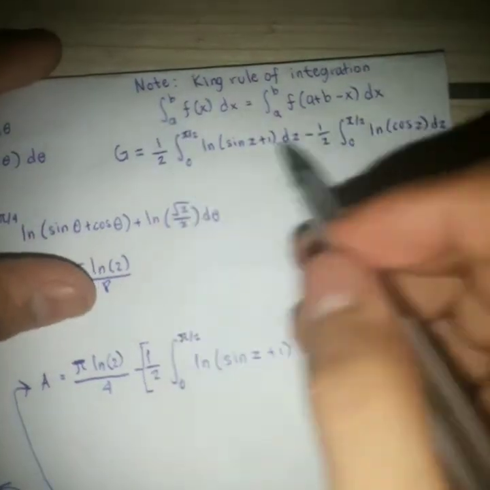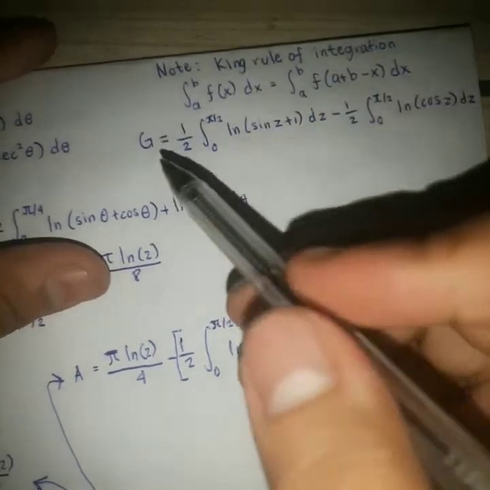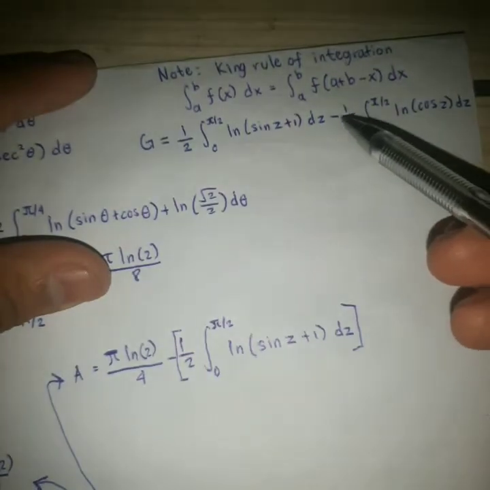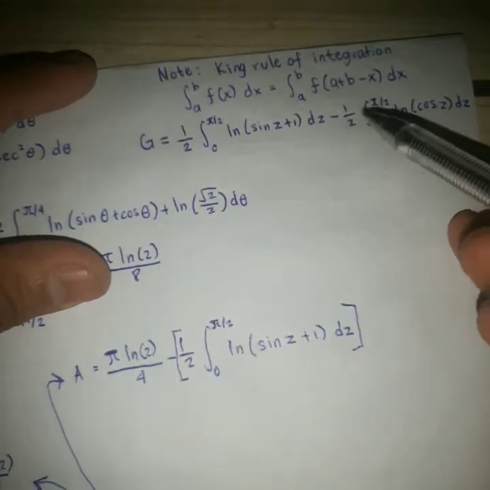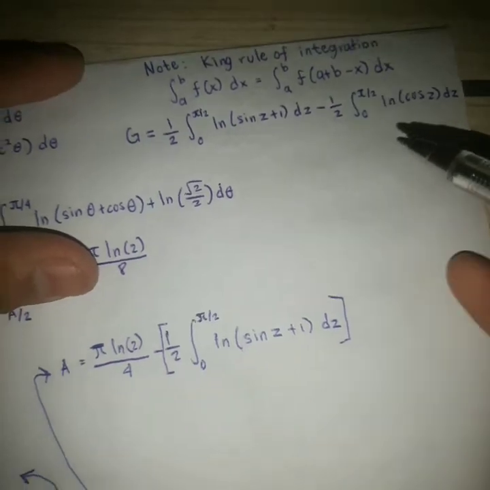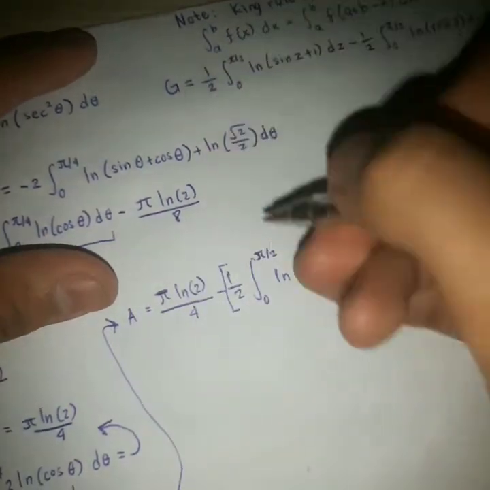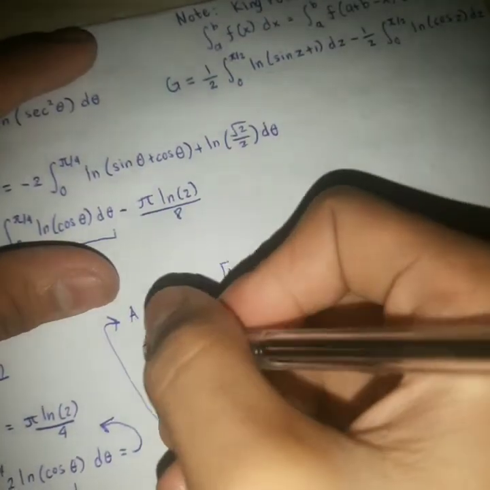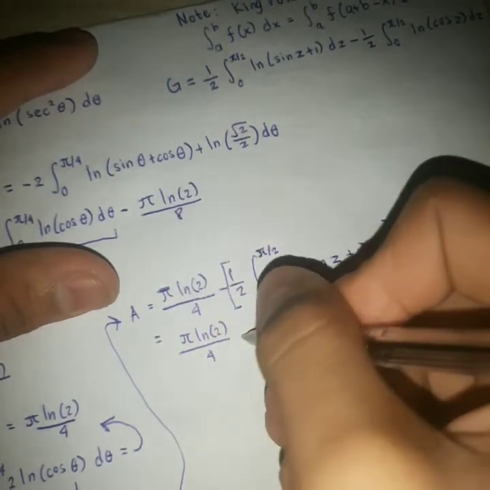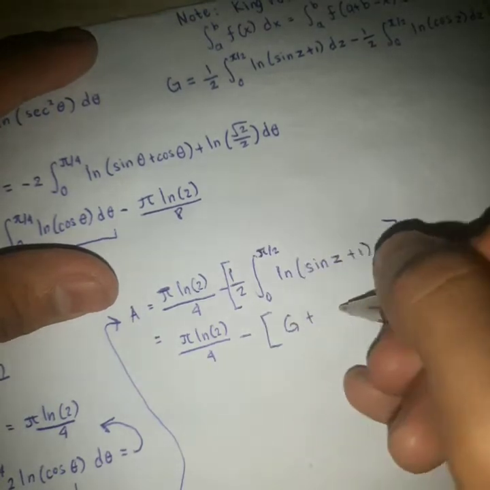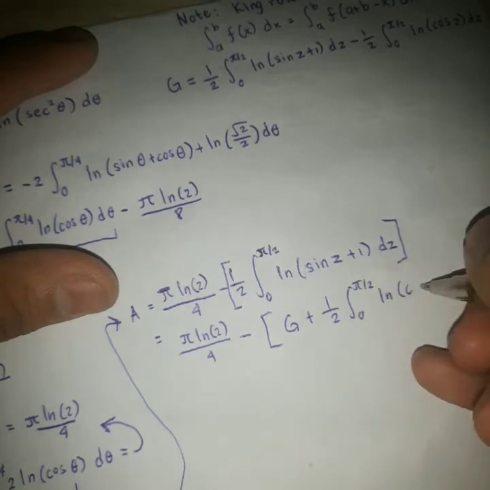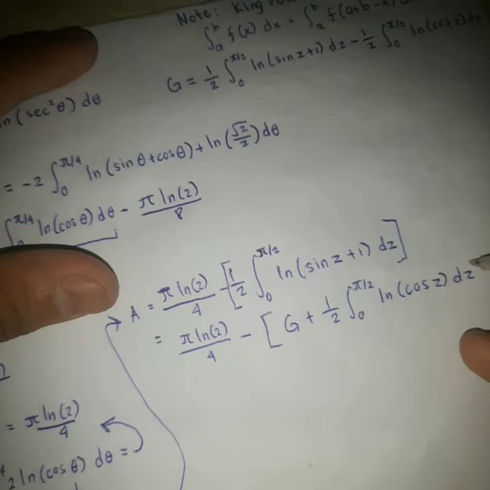So by using this fact, we can now say that this integral is just equal to G plus 1/2 times the integral from 0 to pi over 2 of ln cosine z dz. So now we will be using this integral. Minus G plus 1/2 times the integral from 0 to pi over 2 of ln cosine z dz.